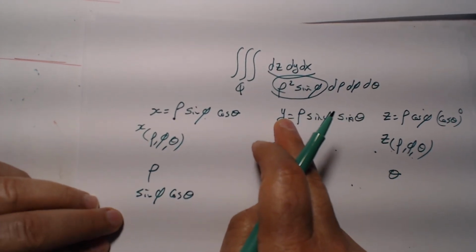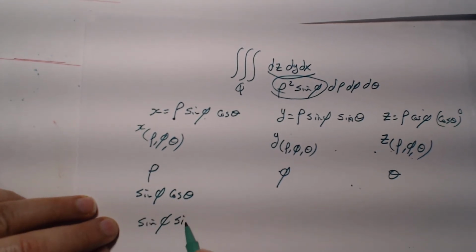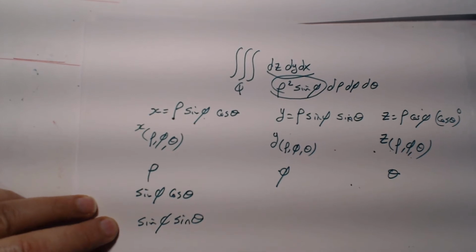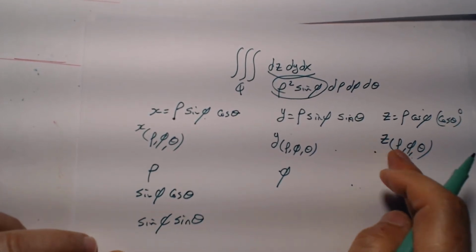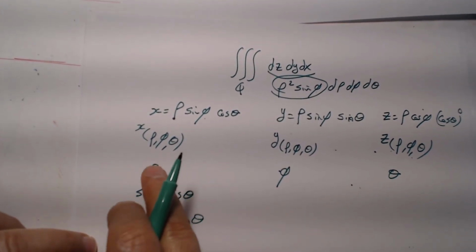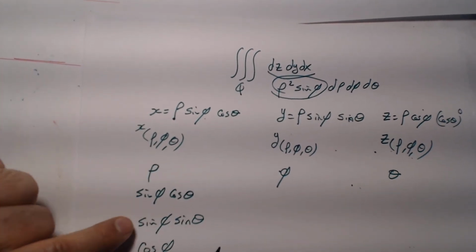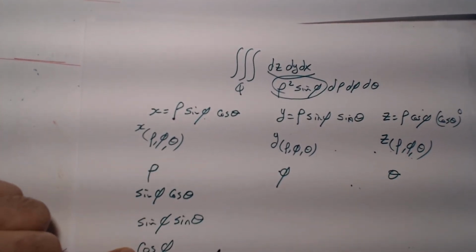What is the partial derivative of y with respect to rho? It is sine of phi sine theta. What is the partial derivative of z with respect to rho? It is cosine of phi. I took the partial derivative of all 3, x, y, and z with respect to rho.